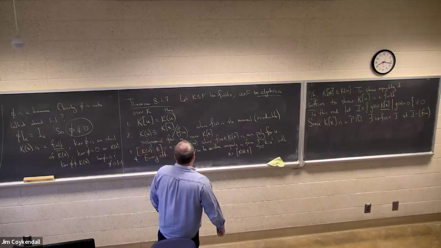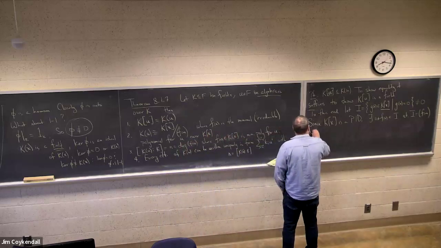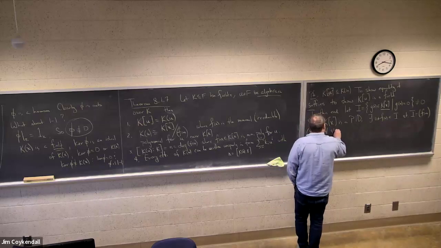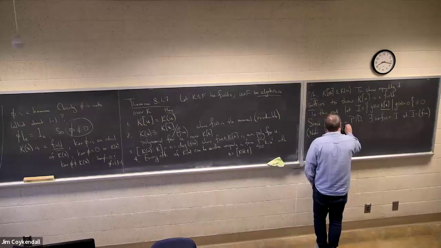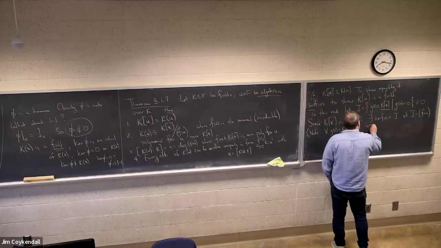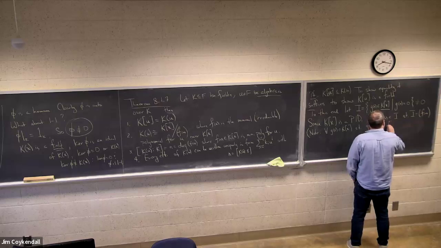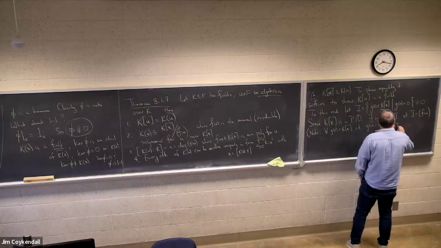Note that for all g of x in K[x] such that g of U equals 0, f of x divides it.